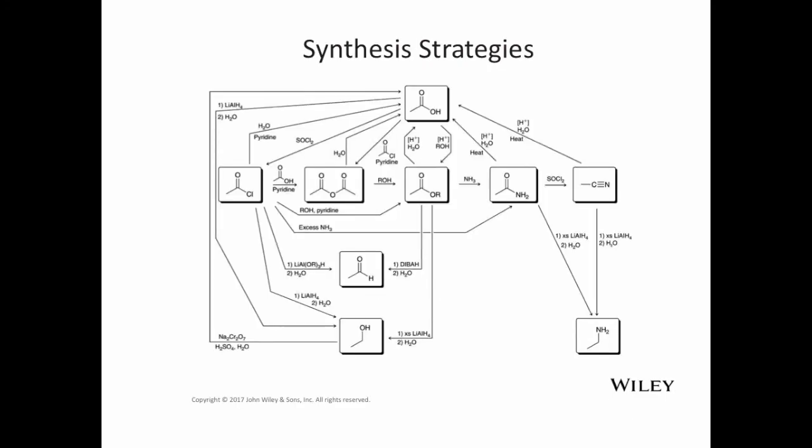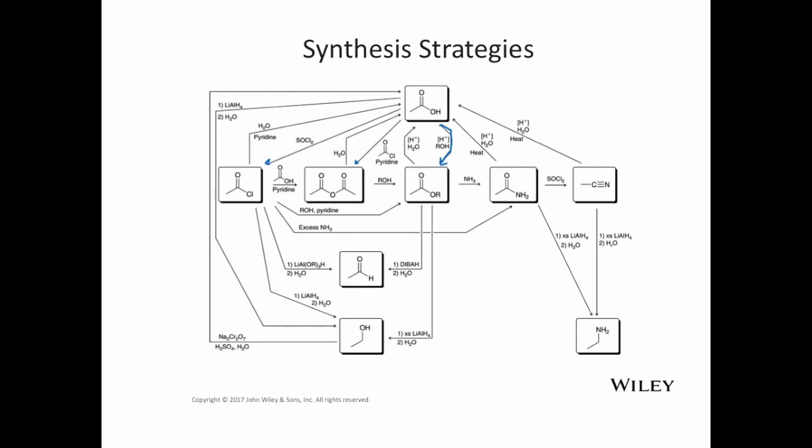So here is a big concept map showing how you can go from a carboxylic acid to an acid chloride. You can go from a carboxylic acid to an anhydride. You can go from a carboxylic acid to an ester.